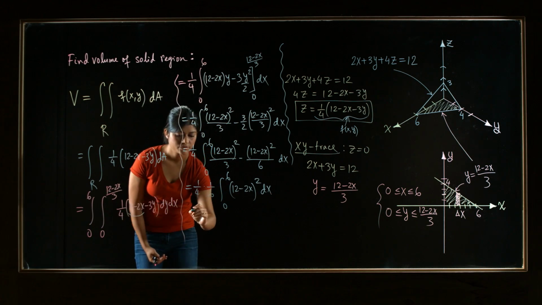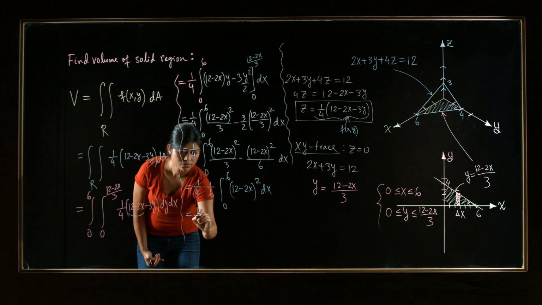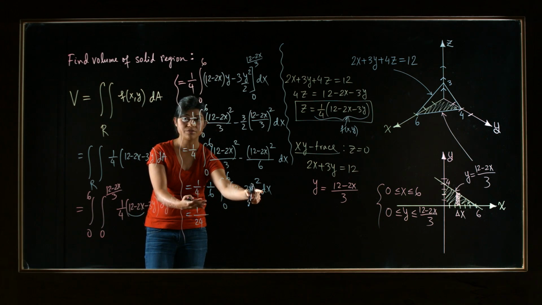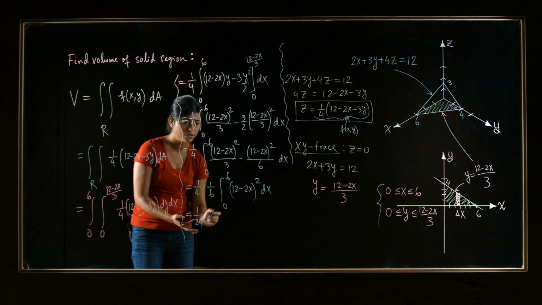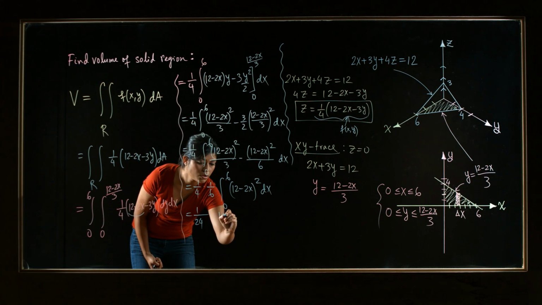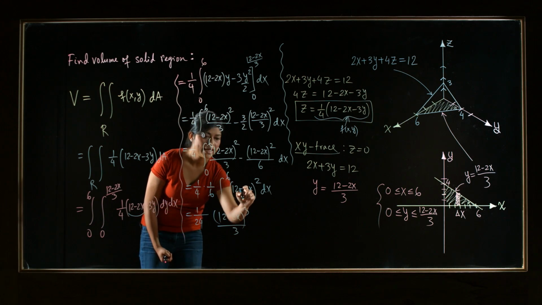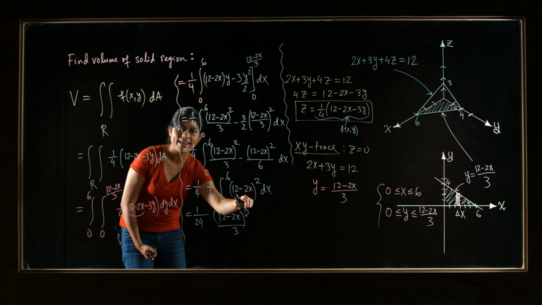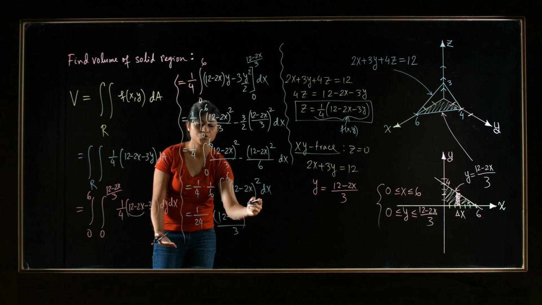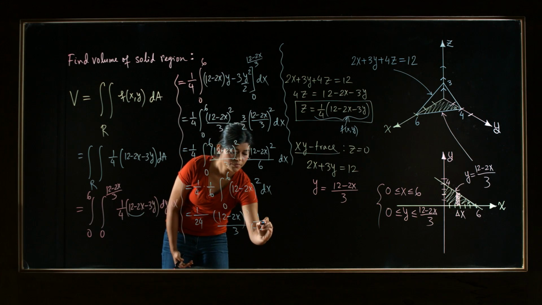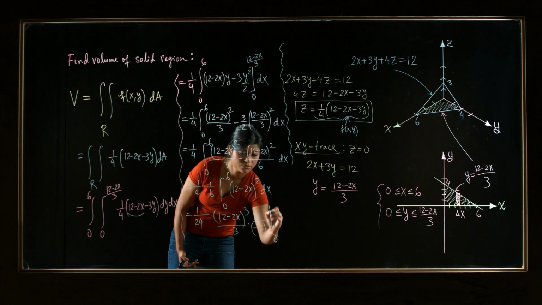Now it's pretty simple. So 1 over 24 here, and then you can just take the antiderivative. Remember, there's a chain rule involved here, and it is (12 minus 2x) cubed over 3, and then you have to divide by -2 because that's the constant attached to x. So -2 as well, and from 0 to 6.